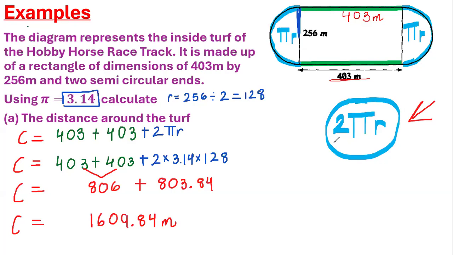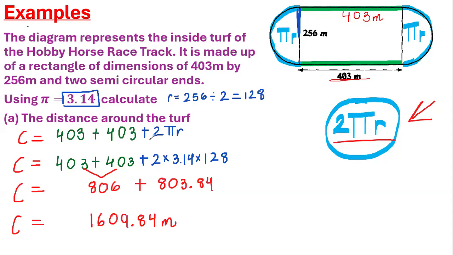So together it's 2 pi r. That's the formula we're gonna use. Pi, they tell us pi is what? 3.14. And then the radius is gonna be half the diameter. The diameter is 256. Half of 256 is what? 128. Very good.